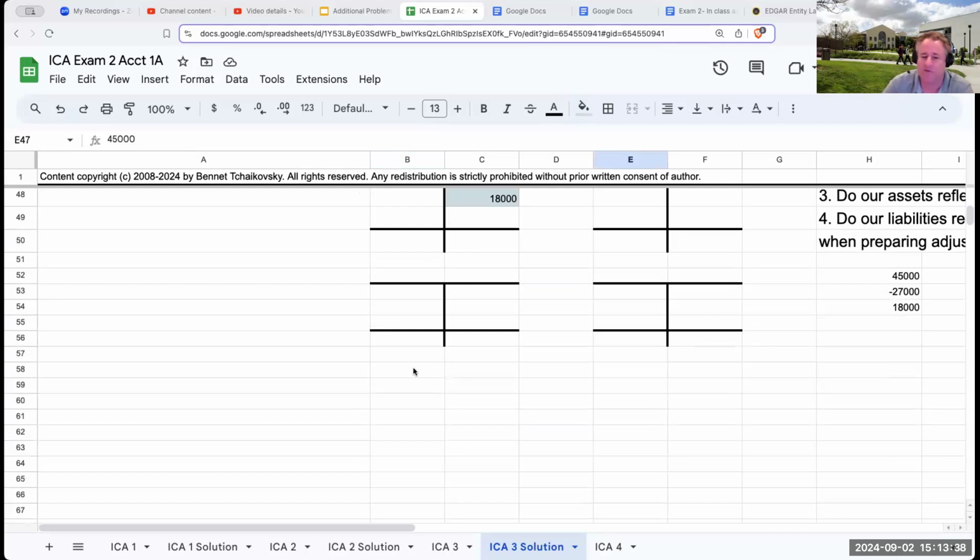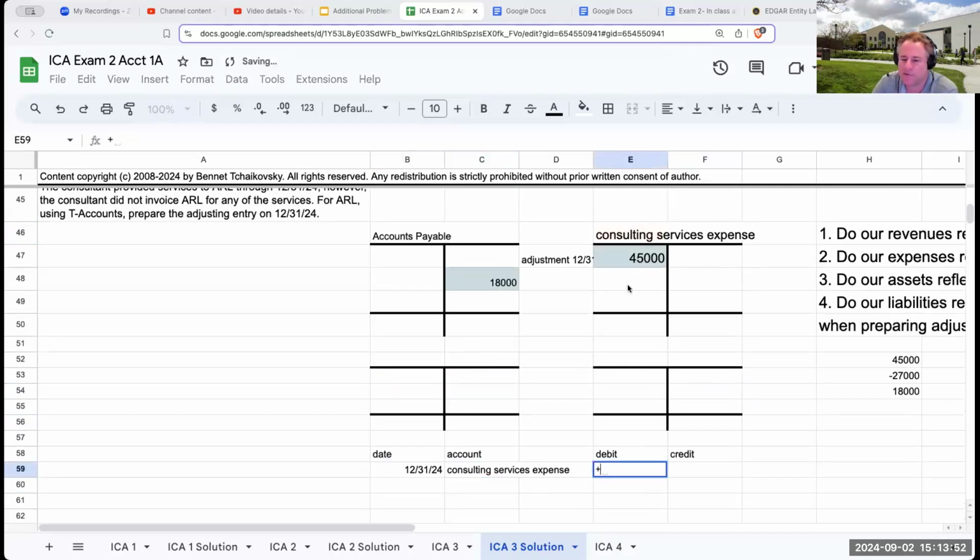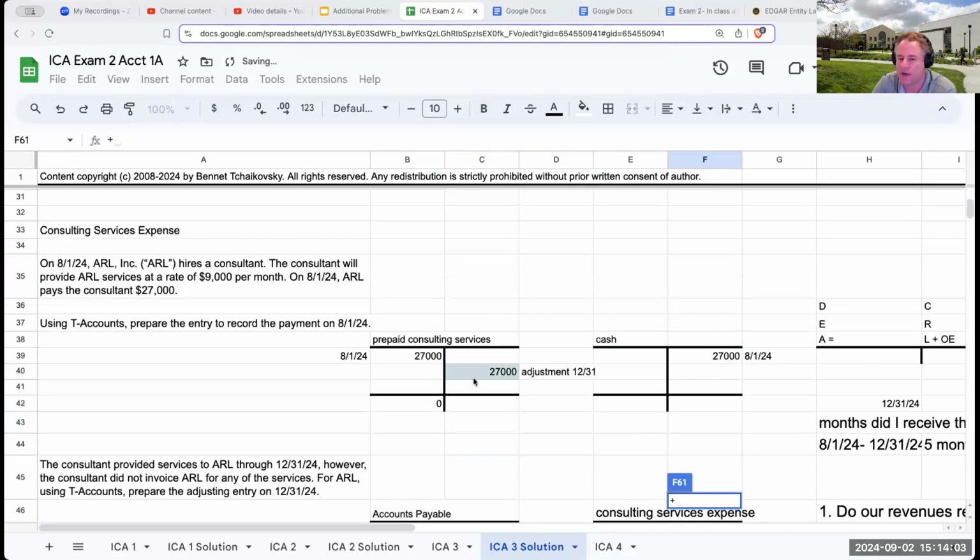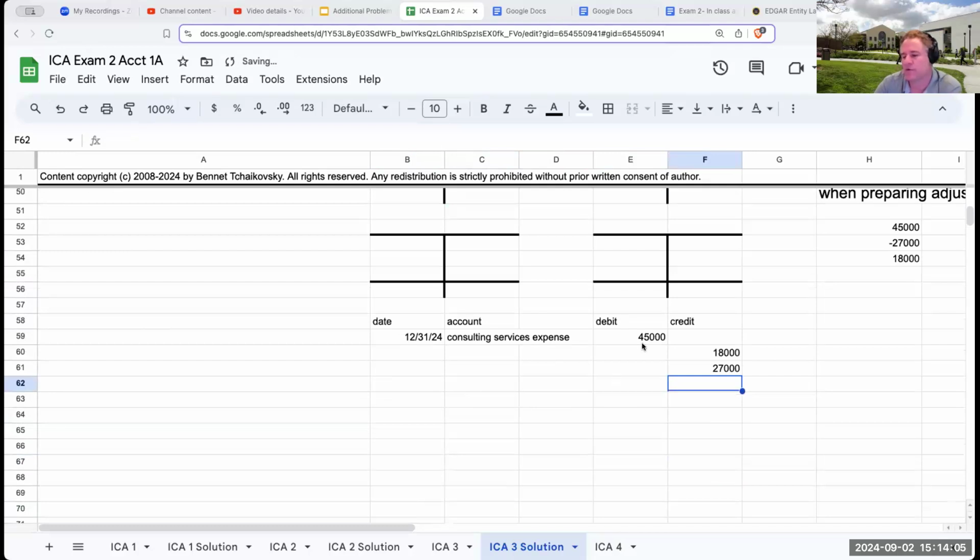By the way, if you have an instructor that's a stickler for doing things as a journal entry, then on 12/31/24, I'm going to debit consulting services expense. For every debit, I need credits. So I credit accounts payable for 18,000 and I credit prepaid consulting services.